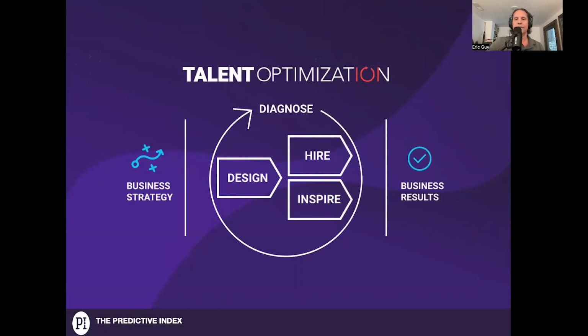If we need to not have mistakes and be highly regulated, we're probably going to go with something a little bit more hierarchical in nature. What that does is set the tone for the other buckets. But design is all about aligning your talent strategy with your business strategy.